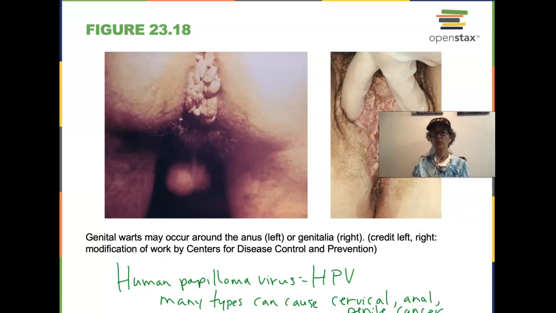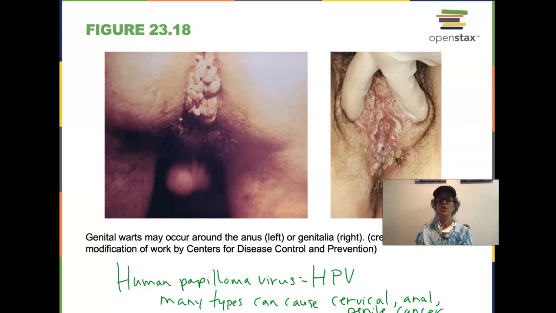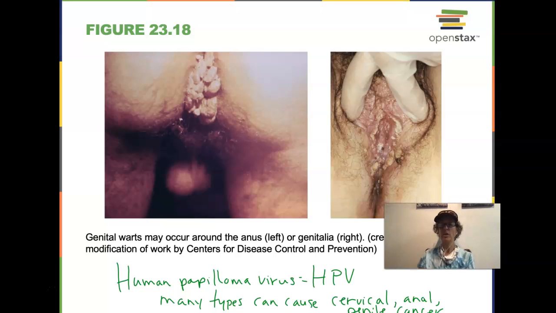Once again, the worst possible pictures. Human papillomavirus. We saw some papillomaviruses in the diseases of the skin. These are papillomaviruses that are more specific to the genital or anal tissues. So this is abbreviated HPV, human papillomavirus.